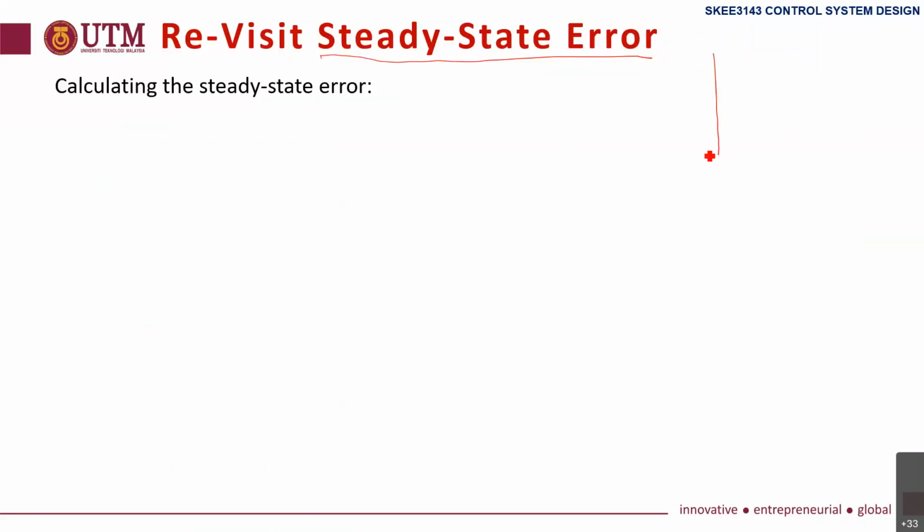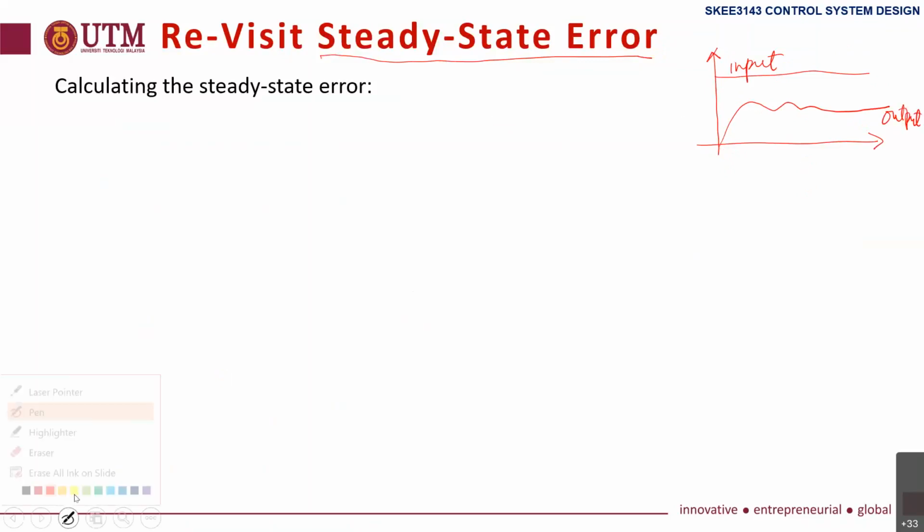Remember, if this is the system response, this is input. This is the output. The error is the difference between input and output.